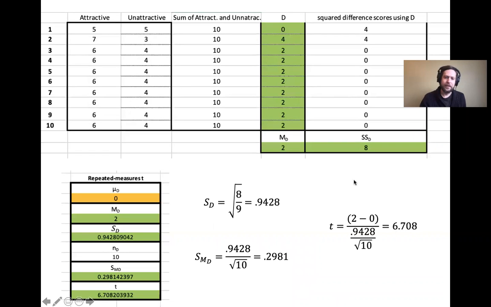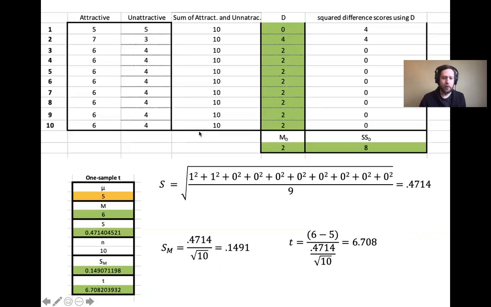But then I also mentioned that for a given data set like this, where it's a within subjects factor with two levels, you can also calculate a one sample t in the somewhat rare situation, though it does happen sometimes, where the sum of the scores for the two conditions equals a constant number, which in this case is 10. That also allows you to calculate a one sample t-test for that data set.